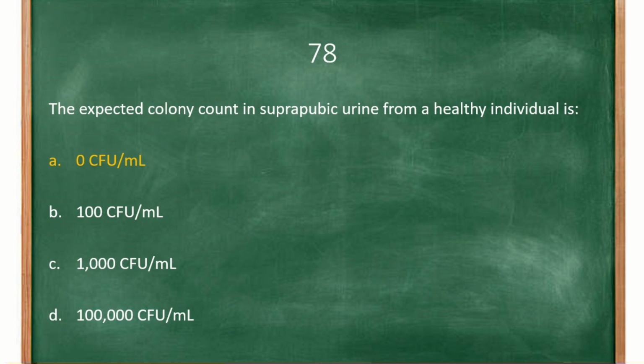If you compare it to urine that was collected by allowing the patient to urinate the natural way, this type of urine bypasses the urethra, and so it does not experience the usual contamination that you experience from the other type of urine. So that's suprapubic urine collected directly from the bladder.